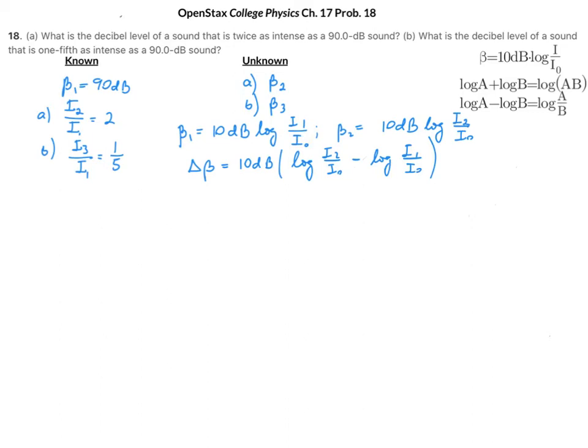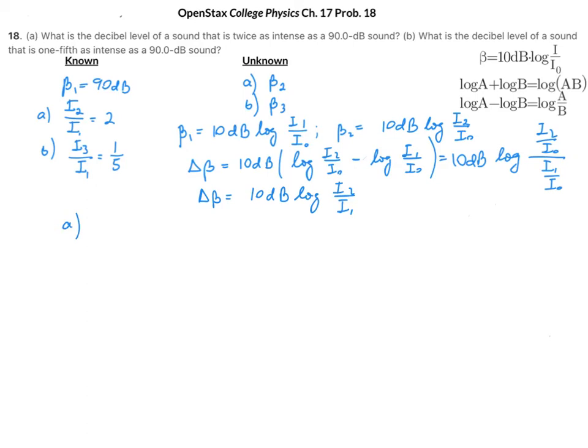So that means that I can rewrite this as log A over B. We'll do just that, and this becomes 10 decibels log of I2 over I naught divided by I1 over I naught, which then reduces to 10 decibels log of I2 over I1. So we set up our equation. Now we're going to look at part A.